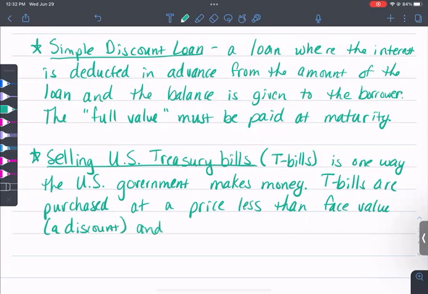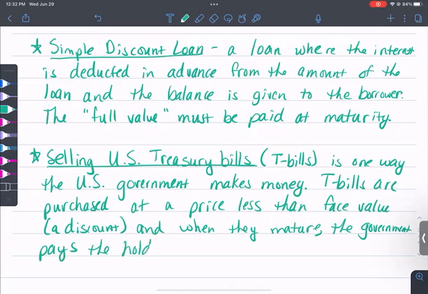And when they mature, the government pays the holder full face value. So for example, you may buy a treasury bill for $100 and then in 18 years, it'll be worth $250, but you only paid $100 for it. You just have to wait for it to be worth its value.